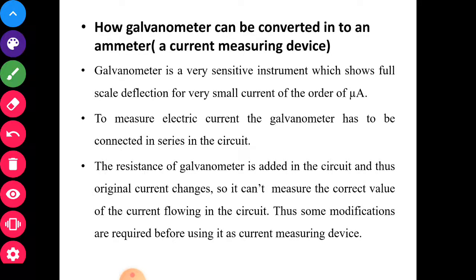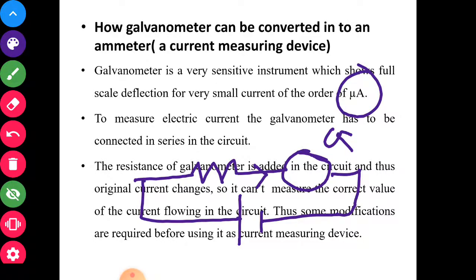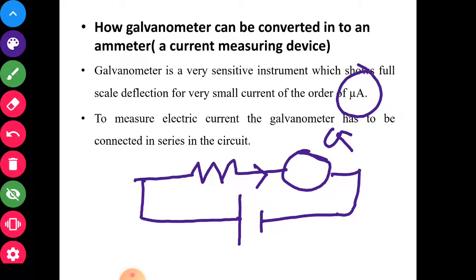The resistance of the galvanometer will also be added in the circuit. Try to understand this part. If you place this galvanometer, what will happen? Initially the circuit had resistance R. There was no galvanometer. Say the circuit was without a galvanometer.